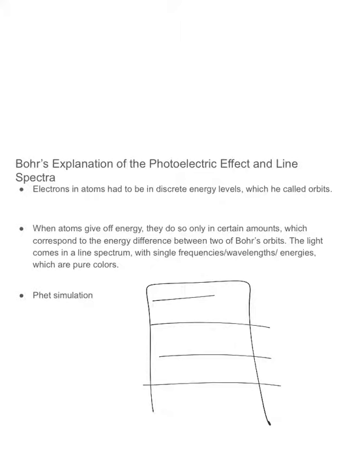So if we had an electron on, say, the first floor, and a specific amount of energy or photons were put into the system, the electron would jump up an energy level or two. Once it's up at an energy level or two, over time it would have to give energy back off and go back to its original ground state. And when it goes back to its ground state, we then see visible light.